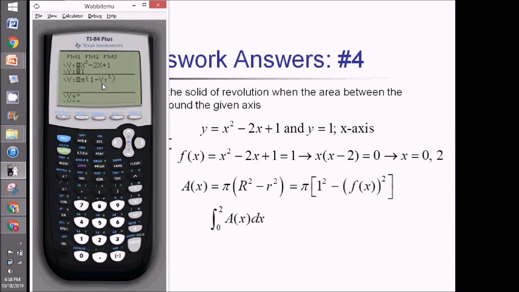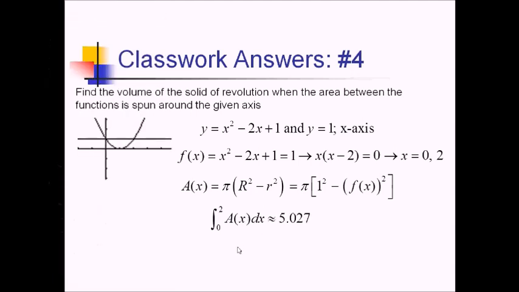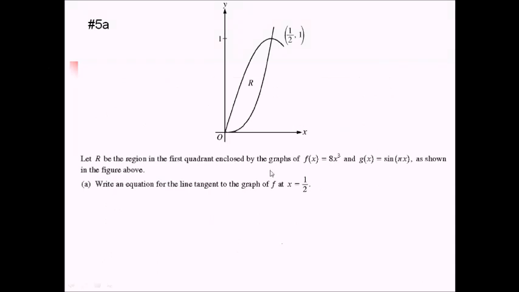And now let me actually just quit out of here and do my integral. So I've got math 9 going from, let's see here, we said 0 to 2. And now I stored A of x in y3, so alpha trace y3 dx, enter, 5.027.